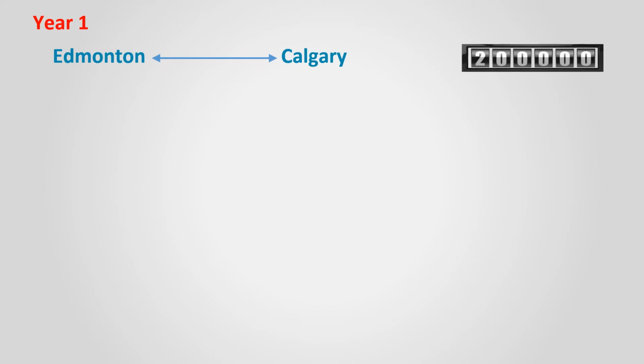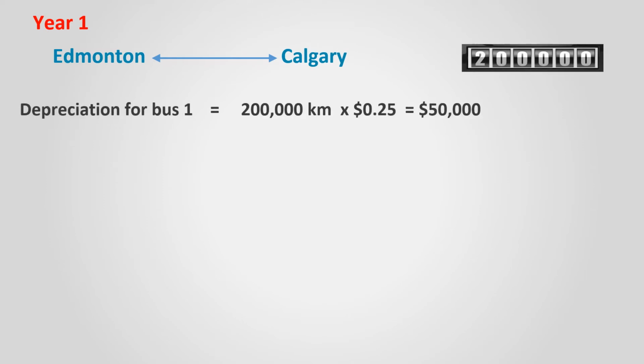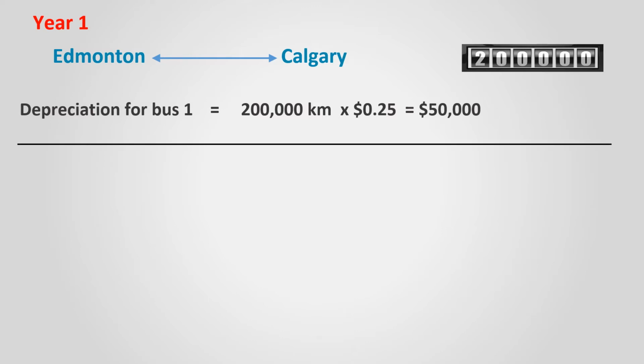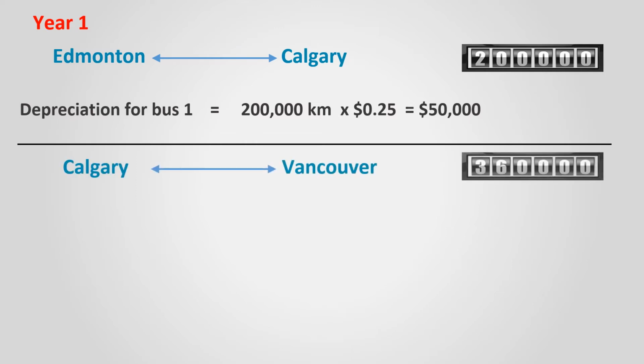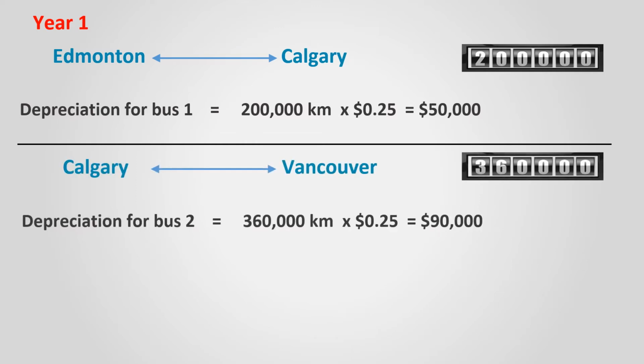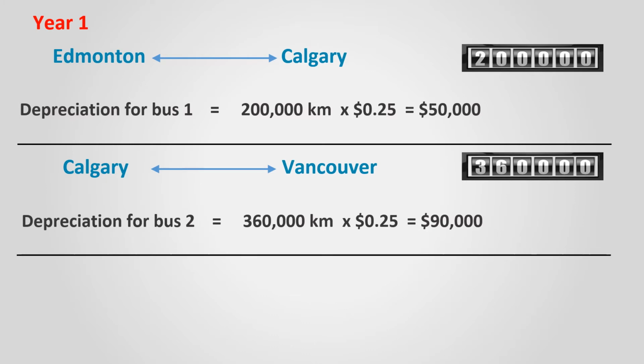The depreciation expense for the Edmonton-Calgary bus is equal to 200,000 kilometers times $0.25, so it is equal to $50,000. The depreciation expense for the Calgary-Vancouver bus is equal to 360,000 kilometers times $0.25, equal to $90,000.